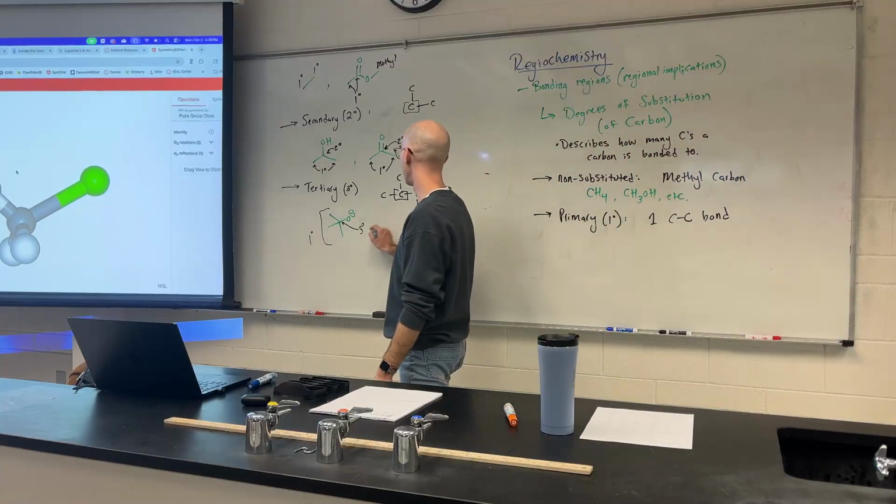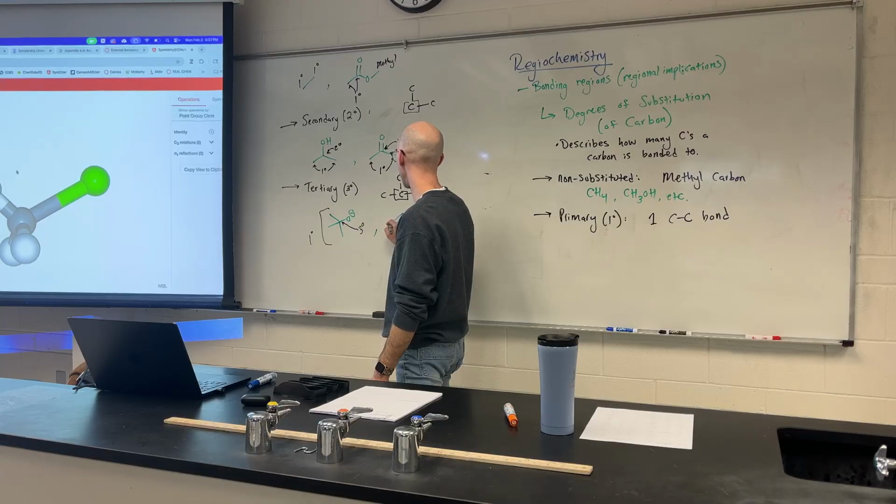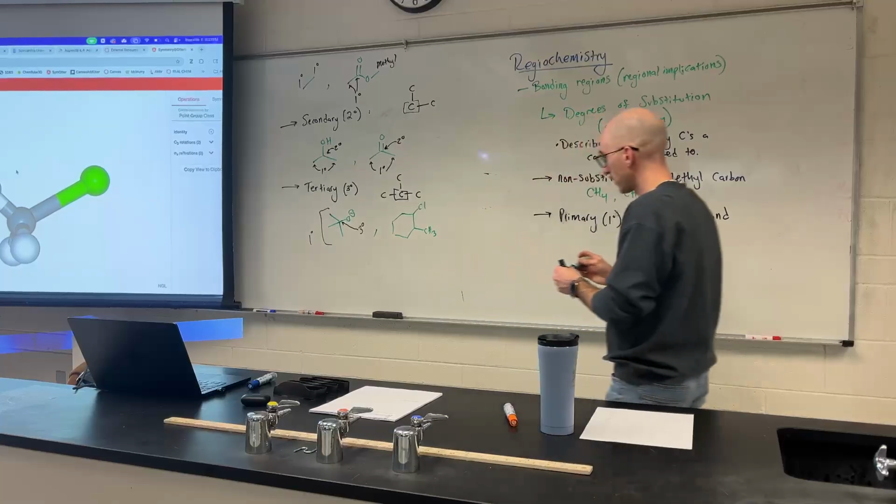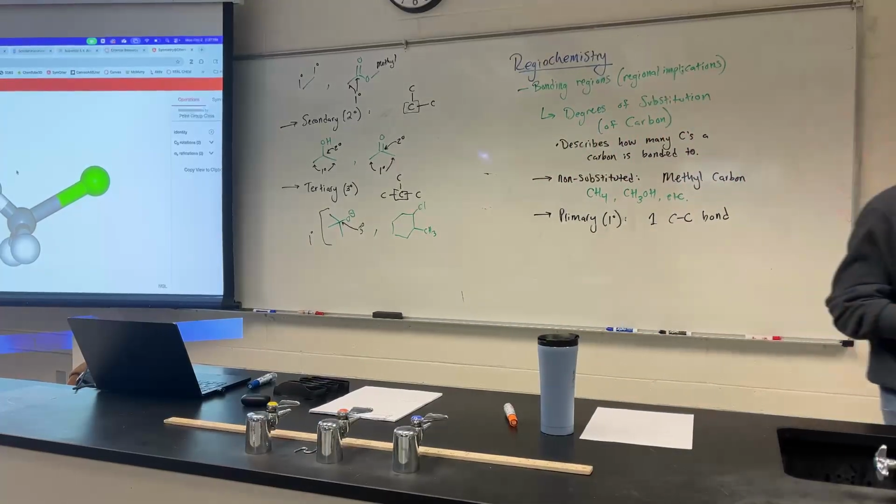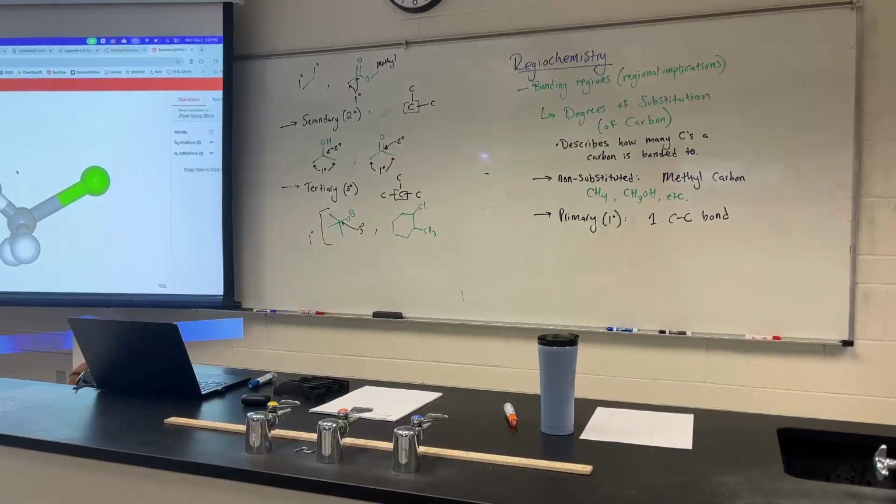Let's start getting some cyclic structures in here as well. Here I have a 6-membered ring. One of the carbons in that ring is bonded to a chlorine. One of those carbons in the ring is bonded to a CH3.